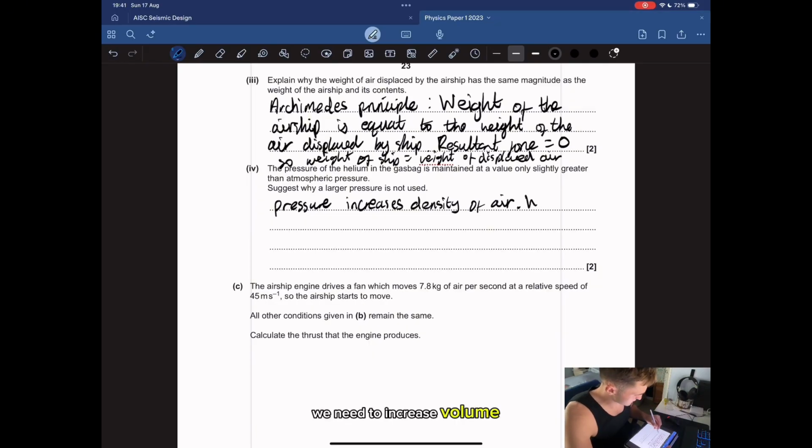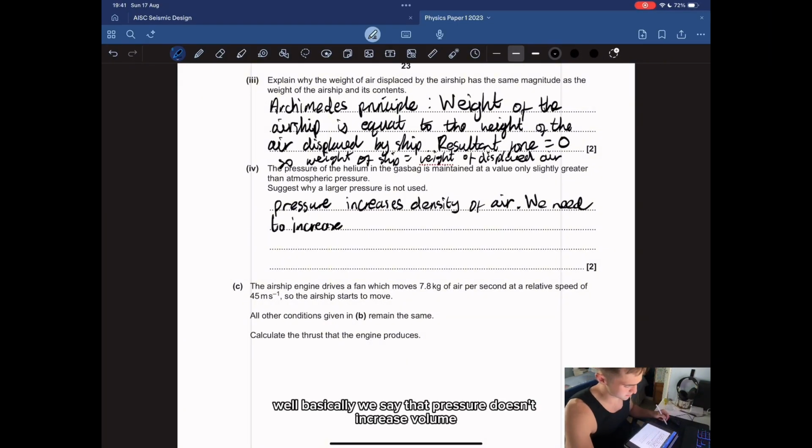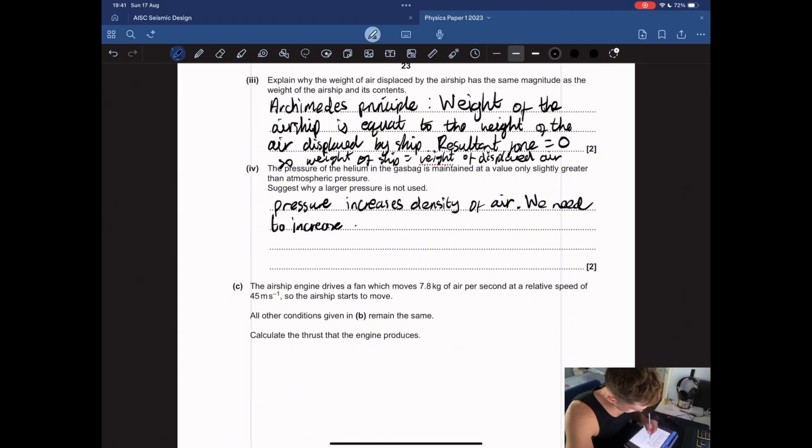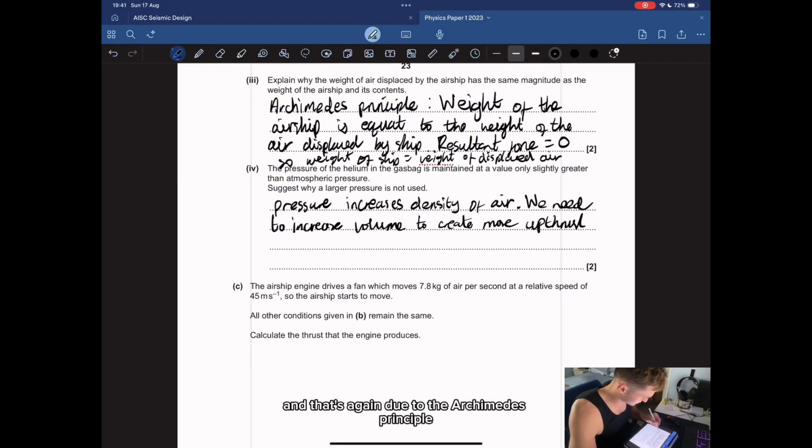We need to increase volume, or basically we say that pressure doesn't increase volume to create more upthrust, and that's again due to the Archimedes principle.